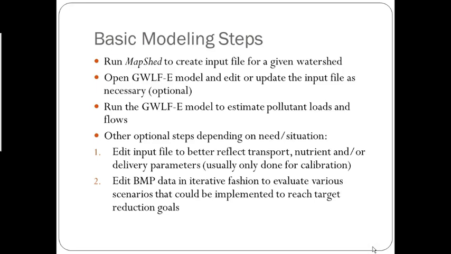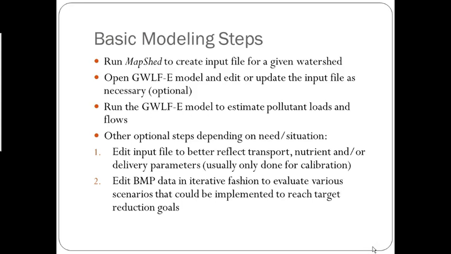Now this is listed as being optional because if there's no need to add new data or update the file providing information such as animal populations or septic system populations, then this step can be skipped and you can move directly to the third step, which is to run the GWLFE model to estimate pollutant loads and flows. So basically it can either be a 2 or 3 step operation.